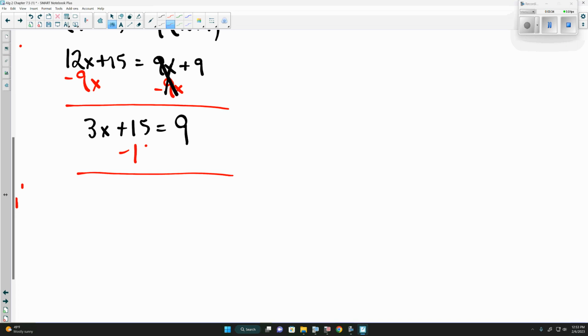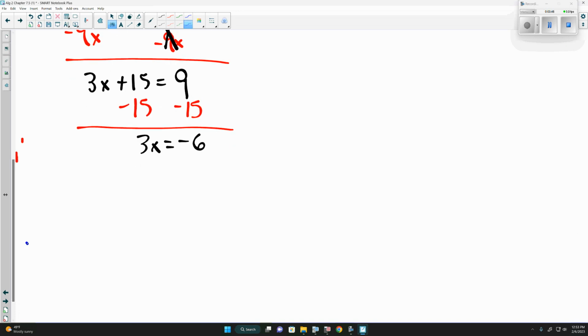Now we will subtract 15 from both sides, telling us that 3x is equal to negative 6. And last but not least, we would divide by 3, telling us x is negative 2. And that's it. That's all we would need to do for this.